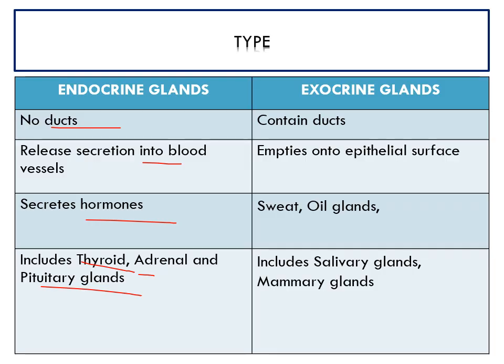Some of the secretions that are produced by exocrine glands include sweat produced by our sweat glands in the skin, sebum, oil produced by the sebaceous gland also in the skin, saliva produced by salivary glands, and some other glands like the pancreatic secretion produced by the pancreas, and some intestinal secretions as well. So the salivary glands, like I mentioned, are examples of exocrine glands producing saliva. Mammary glands are glands of the breast that are involved in producing breast milk.